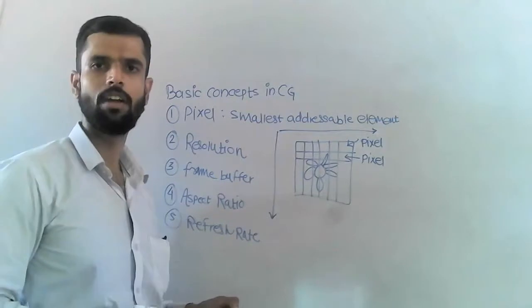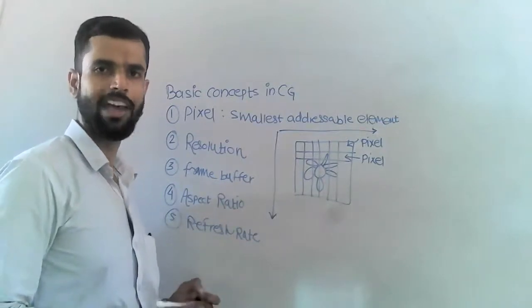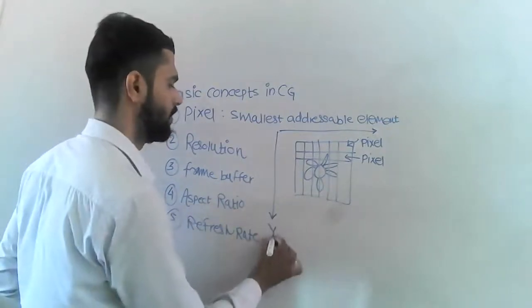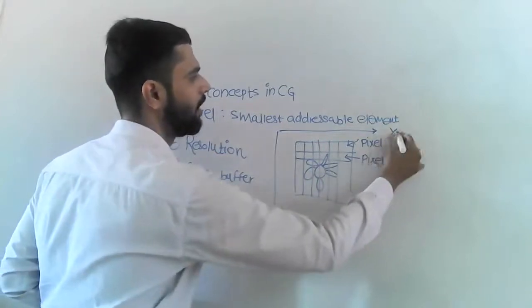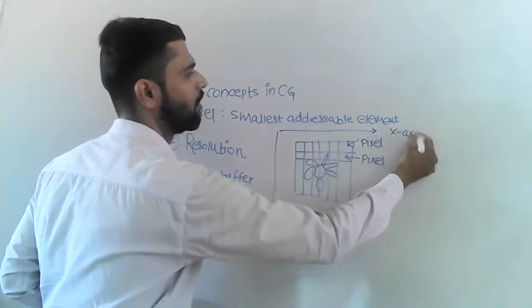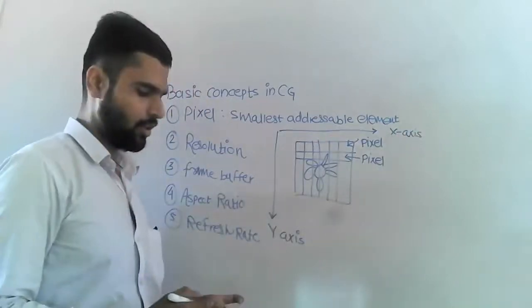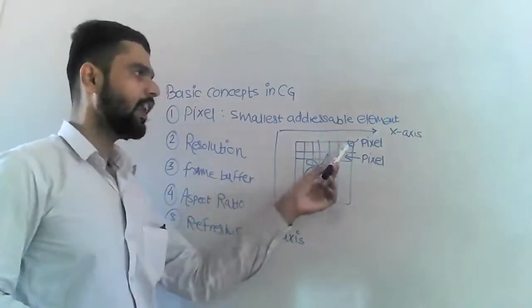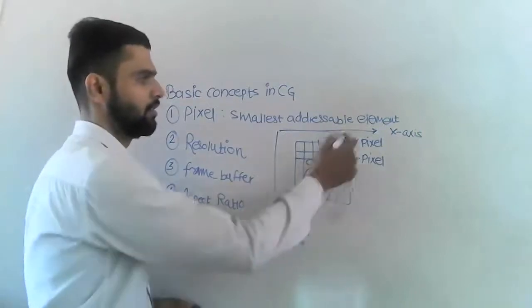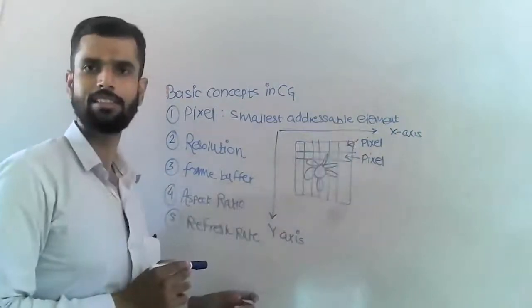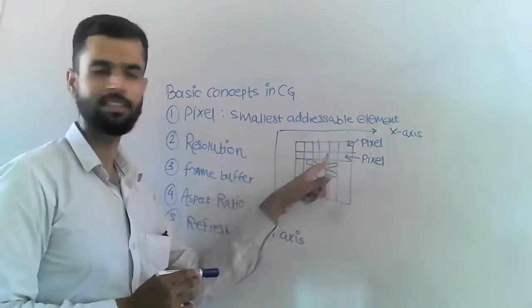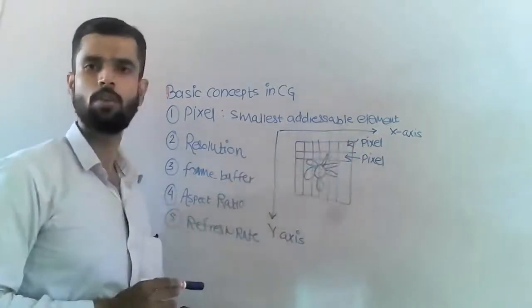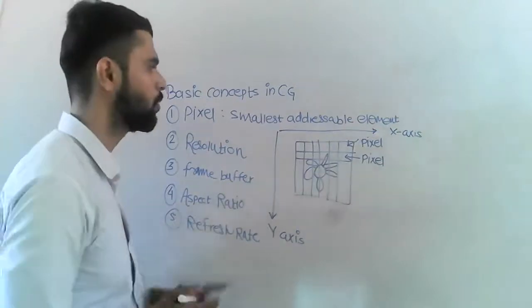This is the y axis and this is the x axis. Address means the position on the particular x-axis and the position on the particular y-axis.